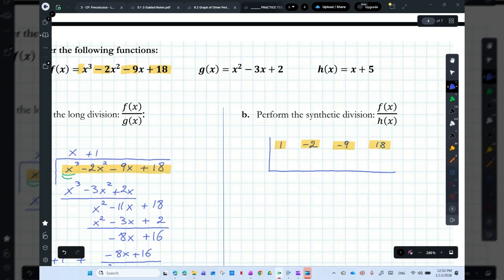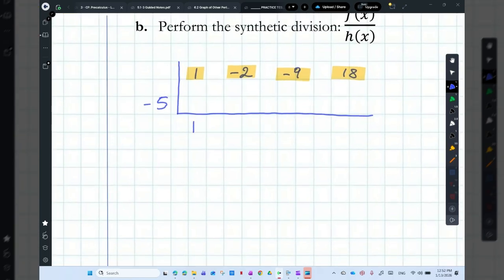I'm going to substitute whatever makes x plus 5, h of x, 0, and that's negative 5. 1 plus nothing is 1, times negative 5 is negative 5, minus 2 is negative 7, times negative 5 is positive 35, minus 9 is 26, times negative 5 is negative 130, plus 18 is negative 112.